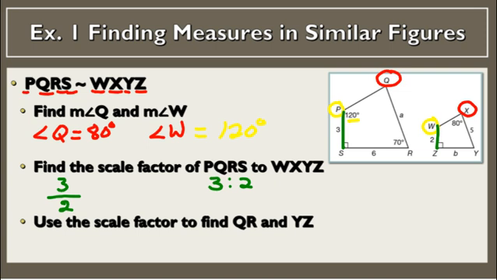We are now going to use that scale factor to find our missing side lengths. So it's 3 of the big one to 2 of the small one, is the same thing as finding QR. QR is right here. A of the big one, and we have to go to the corresponding side of the small one, which is right here, 5.